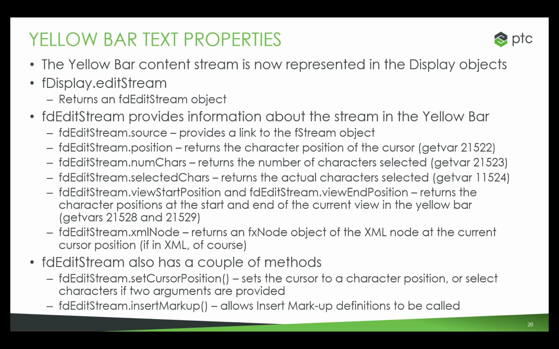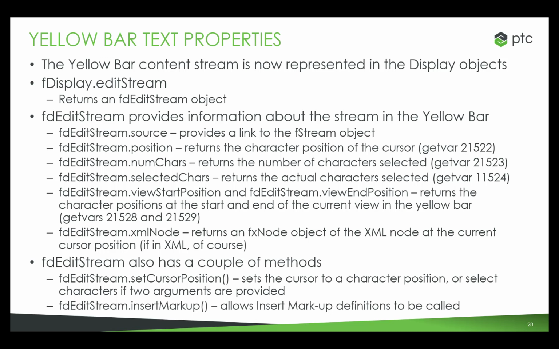There's also XML node. If you're using XML and layout developer or layout editor is aware of the DOM structure for that node at that point, the fdEditStream XML node will return you an fxNode object for that node in the content stream.